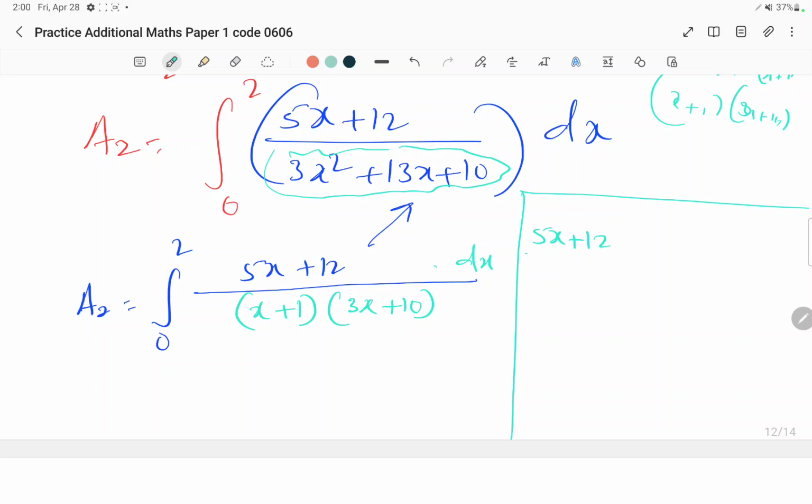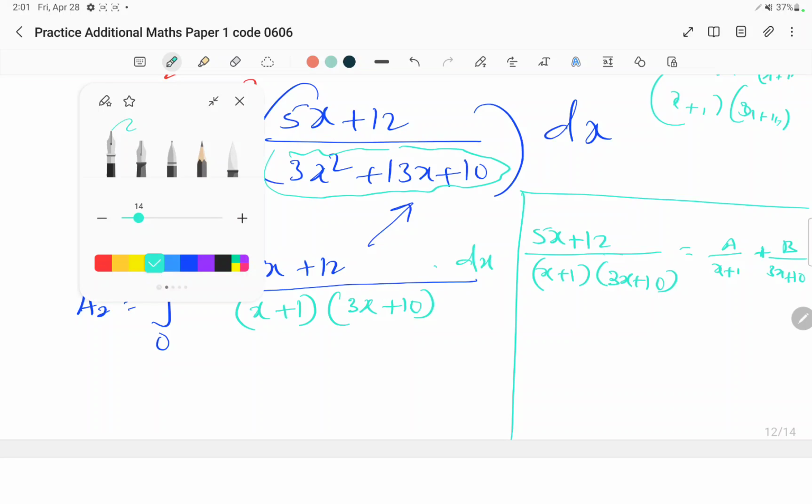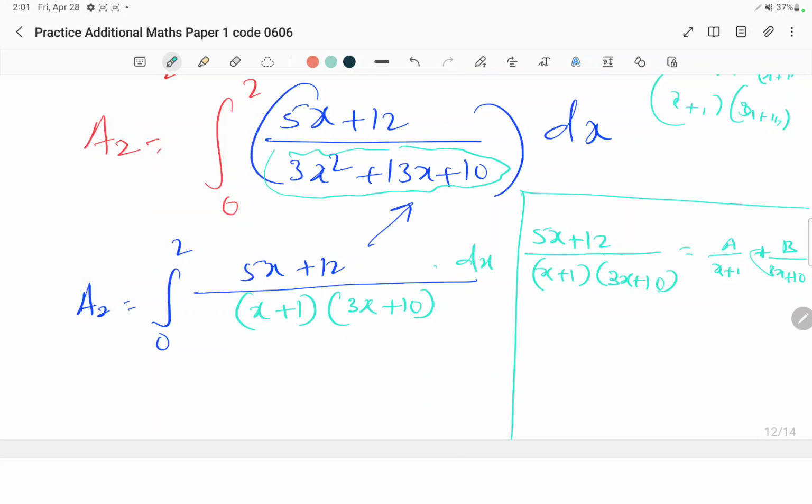Like 5x plus 12 over x plus 1 and 3x plus 10, we will write A over x plus 1 and B over 3x plus 10. Now you can cross multiply.